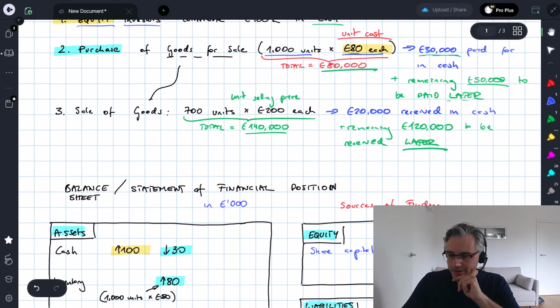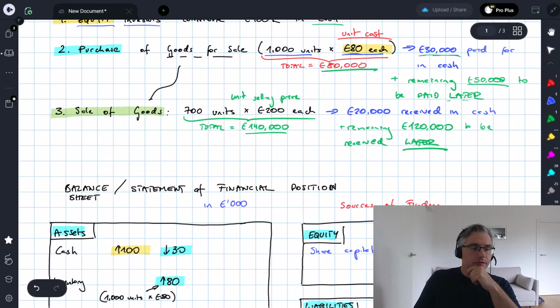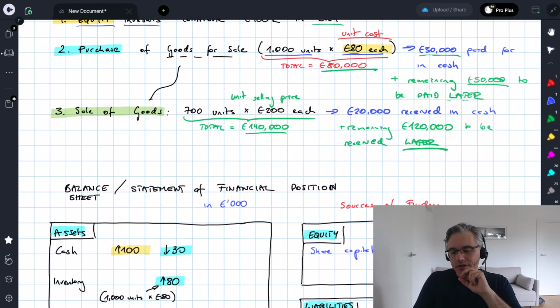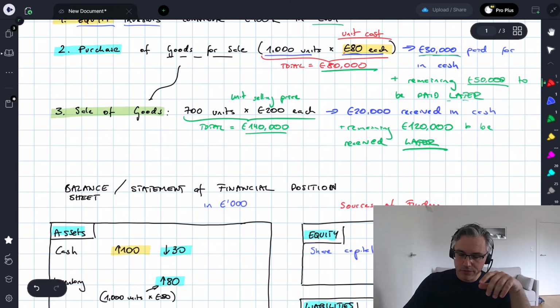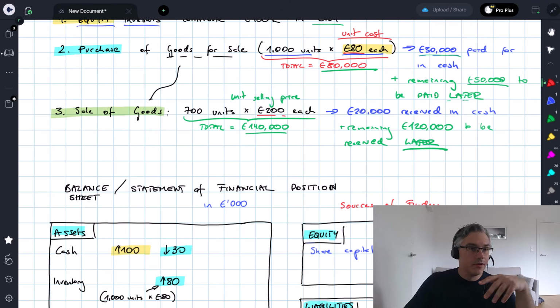The third and final transaction on the list is a sale of goods. Just 700 of the previously purchased 1,000 units are sold for a rather high price of 200. Okay. Now, obviously, they're sold with quite a bit of profit because they were bought for 80 each, and now the selling price is 200.